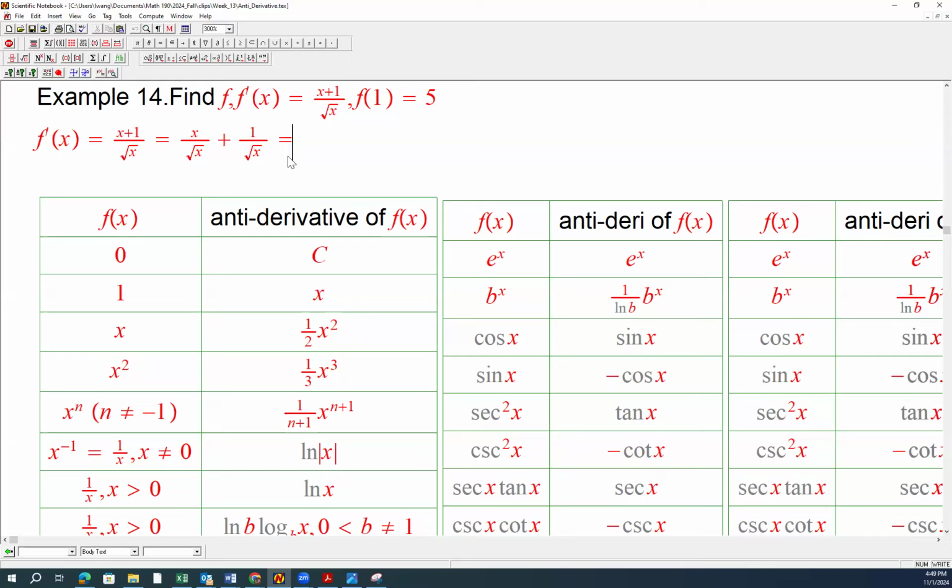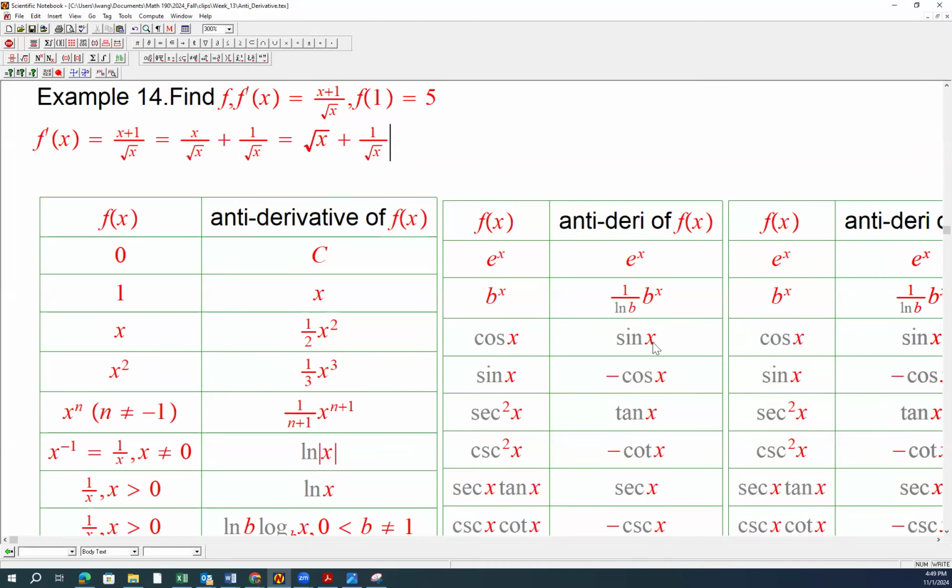After this simplification, we get root x over here and plus 1 over root x. Now we can find the antiderivative.